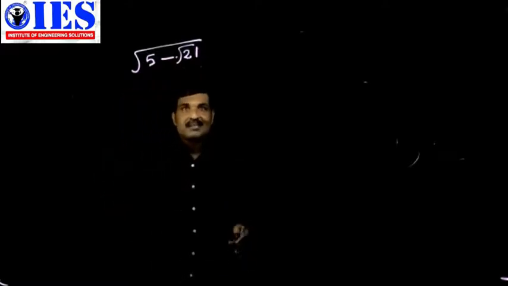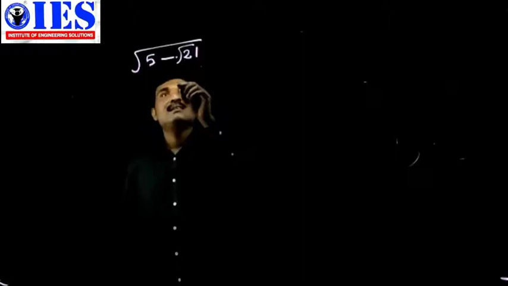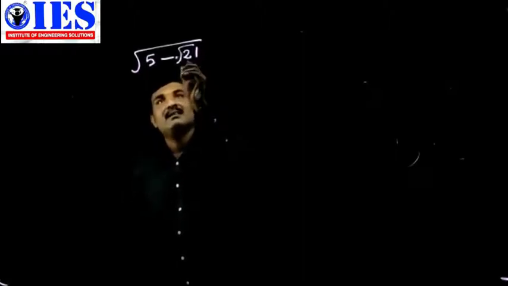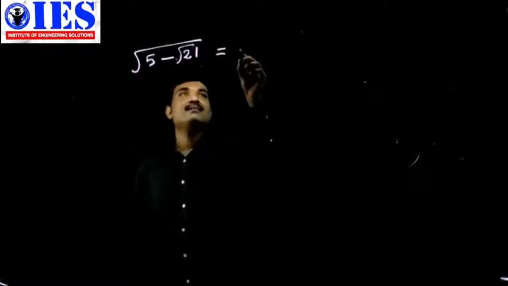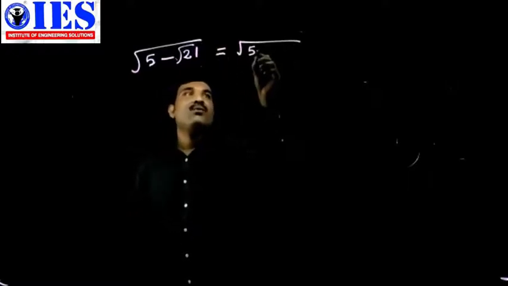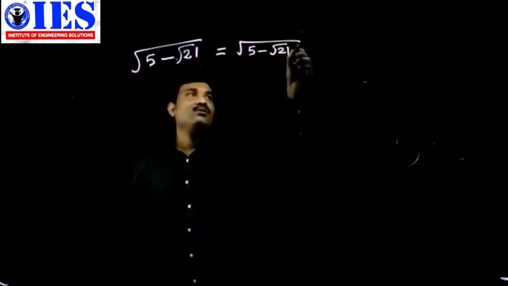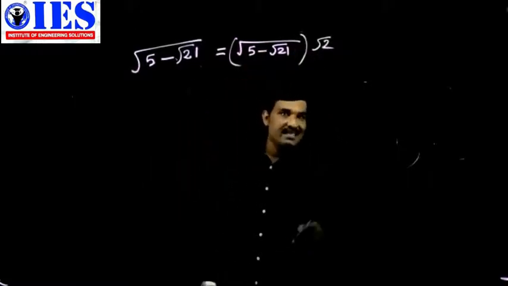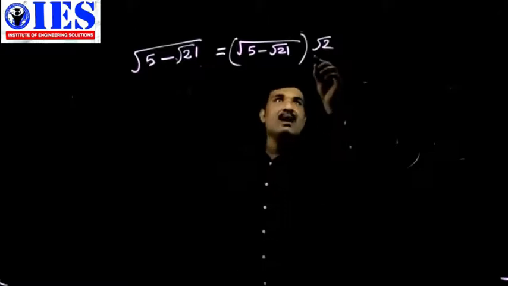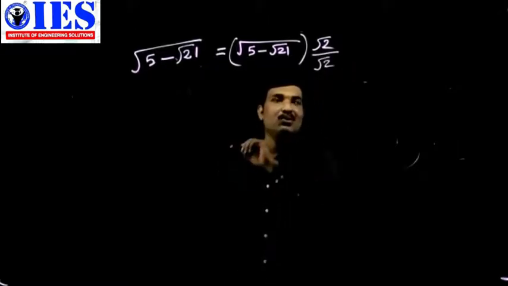So what I'm going to do is manipulate a 2 here inside this square root. We can write this as square root of 5 minus square root of 21, whole multiplied by root 2. So as to balance the equation, we have to divide by root 2.